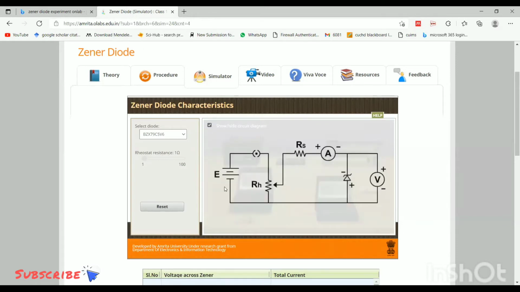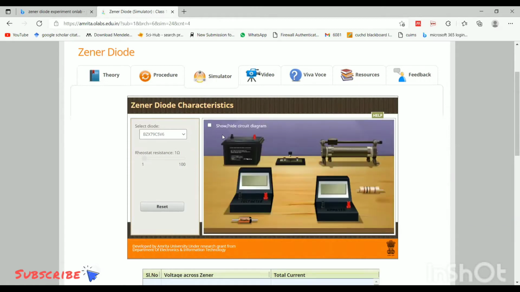When we click here, we can see the circuit diagram. We can make the connections according to the circuit diagram. The power supply is connected with the voltmeter.